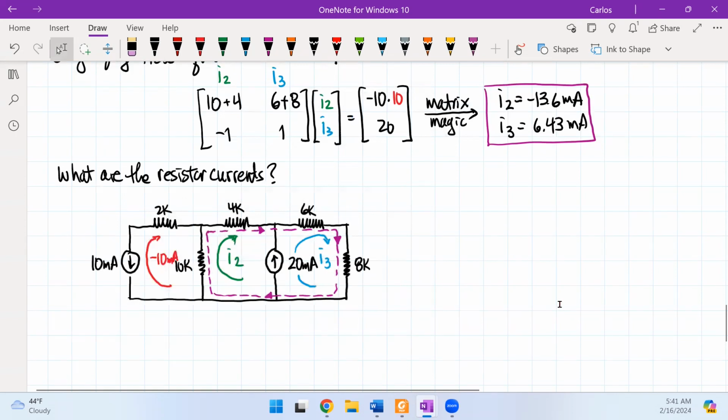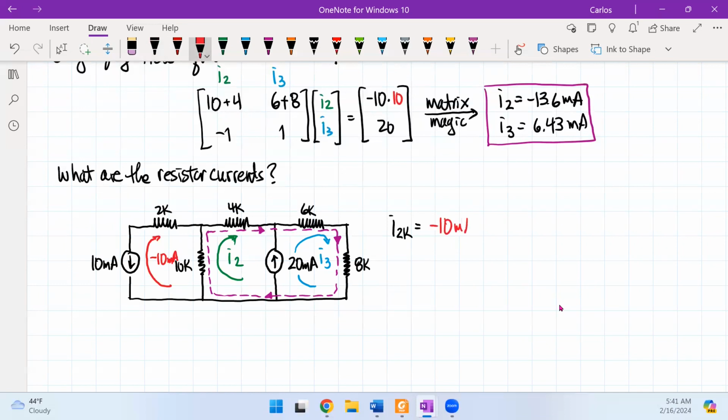So what I would see here is that, note that the 2K here in the left loop, we could see here that that's isolated with the 10 milliamps. So that immediately tells us that I2K has to equal this minus 10 milliamps because it's isolated.